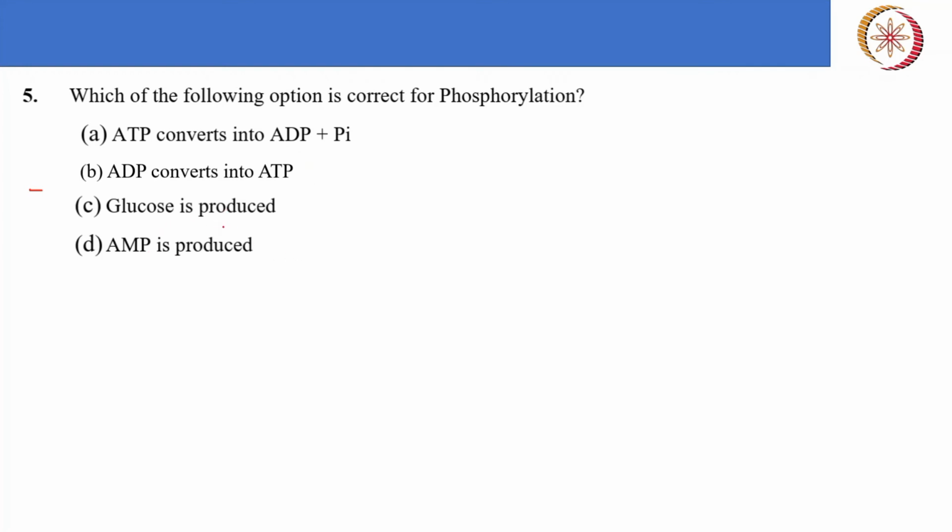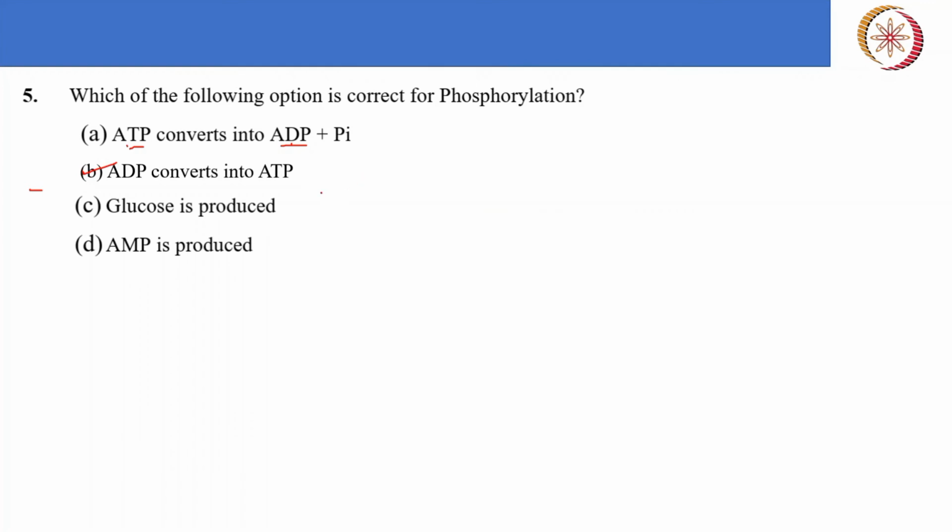So what is the answer? Phosphorylation is basically the attachment of a phosphate group to adenosine diphosphate, the conversion of adenosine diphosphate to adenosine triphosphate. So the answer is B.